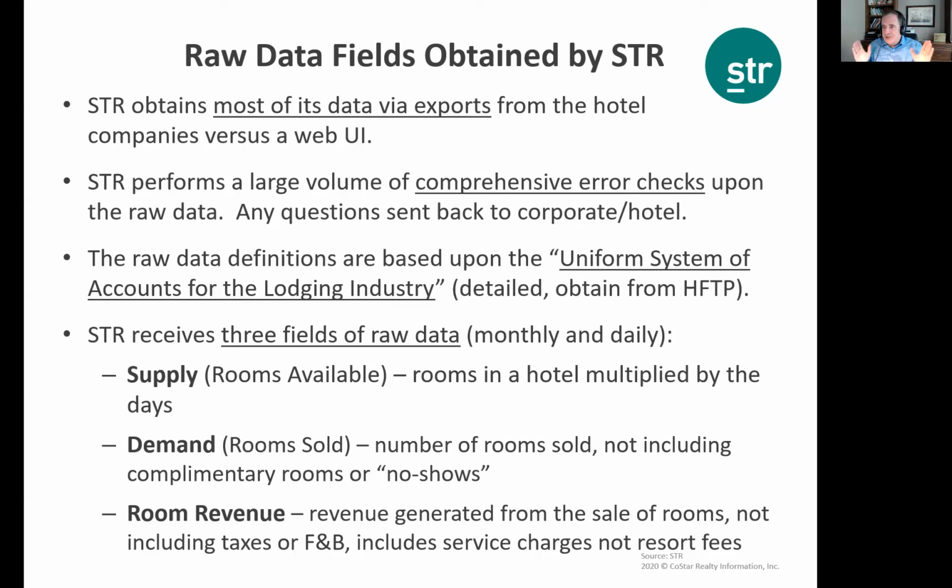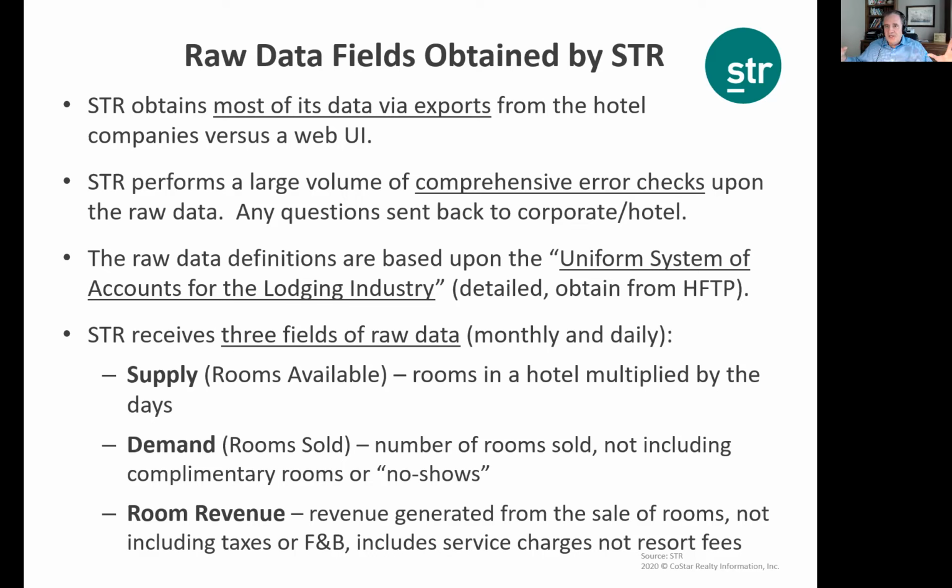The definitions used for raw data are based upon something called the Uniform System of Accounts for the Lodging Industry. That's abbreviated USALI, and you can get one of these from HFTP. That's an association. You can look them up and you can purchase one of those.